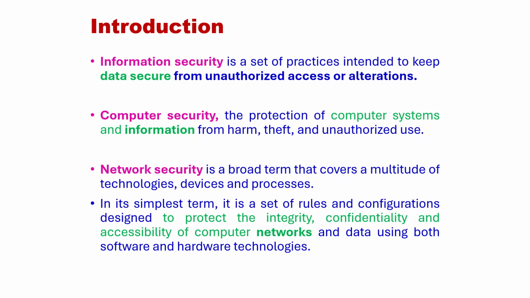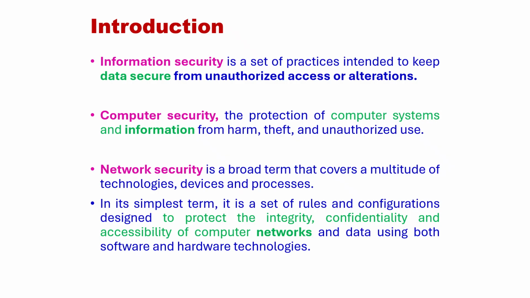So before that, let us get into the introduction. In the introduction, we are going to see topics like what is information security, computer security, and network security. Information security is a set of practices intended to keep data secure from unauthorized access or alterations. Computer security is the protection of computer systems and information from harm, theft, and unauthorized use.